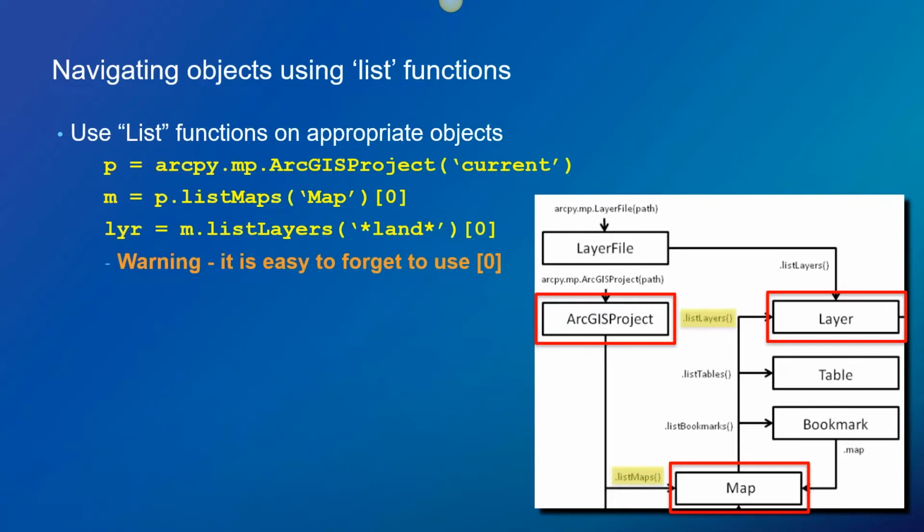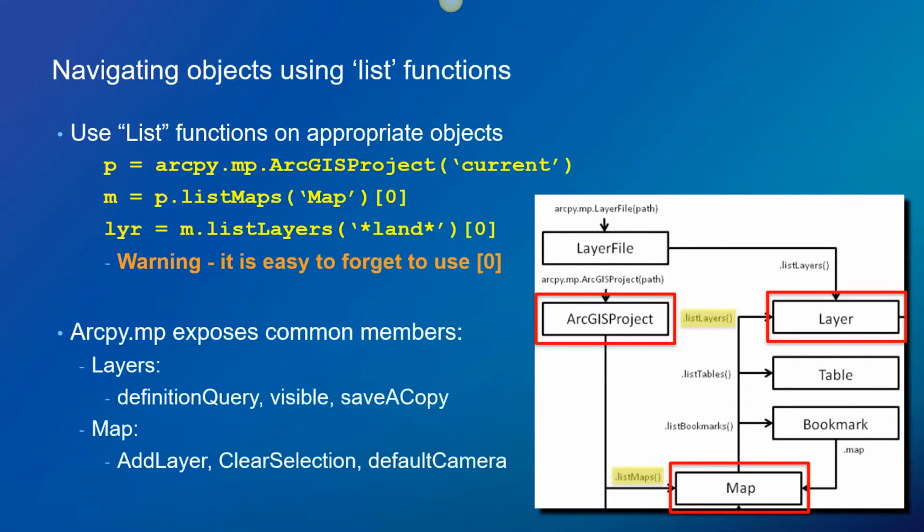Now, it's way too easy to forget to add the brackets, and sometimes you don't want the brackets. You're just simply going to iterate through the list of layers and do something to them. And I'll show you in the demonstration what it looks like if you forget to actually reference the object that you're interested in. I guarantee it'll happen to you.